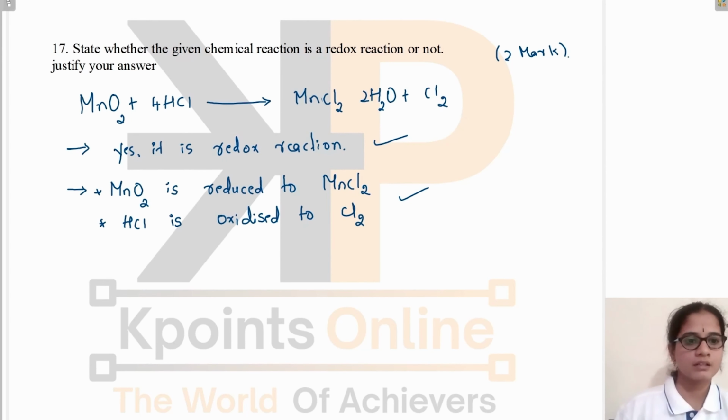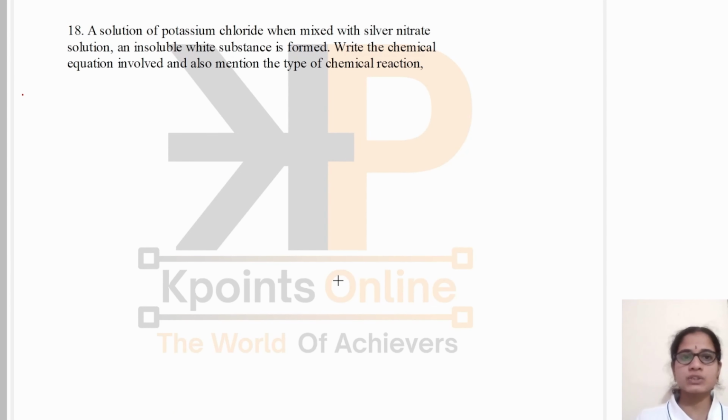Okay. The next question is, a solution of potassium chloride when mixed with silver nitrate solution, an insoluble white substance is formed. Write the chemical equation involved and also mention the type of chemical reaction. Yes, let us write the equation.